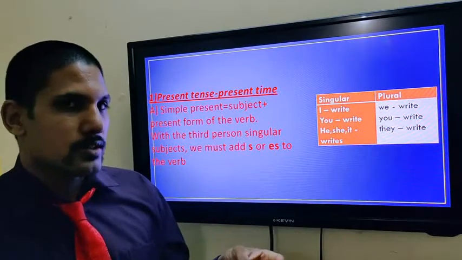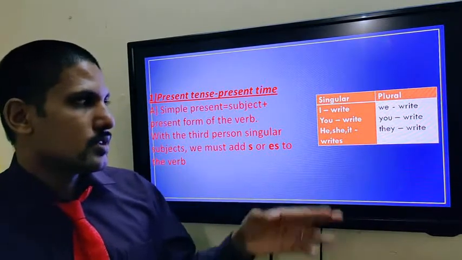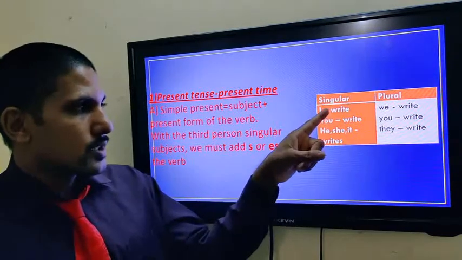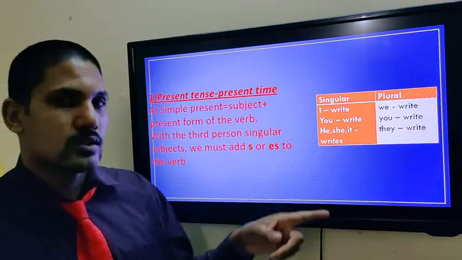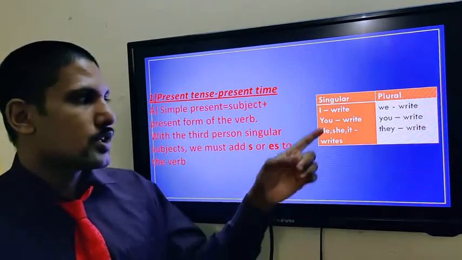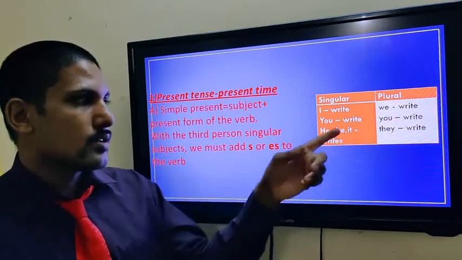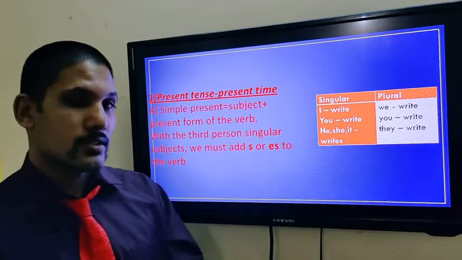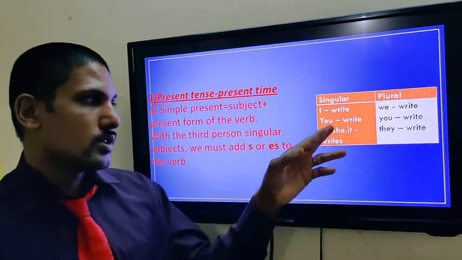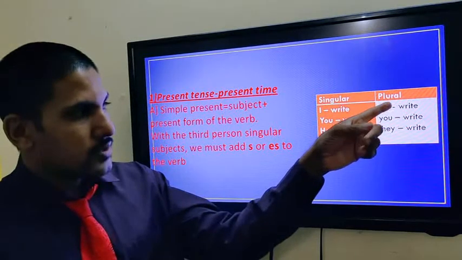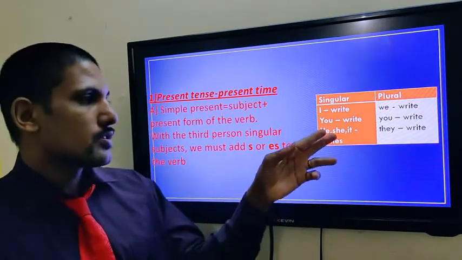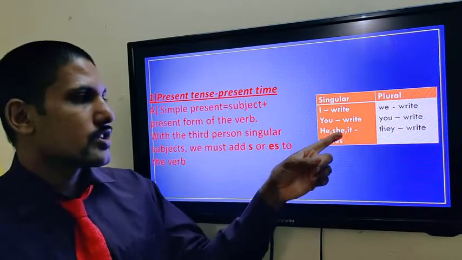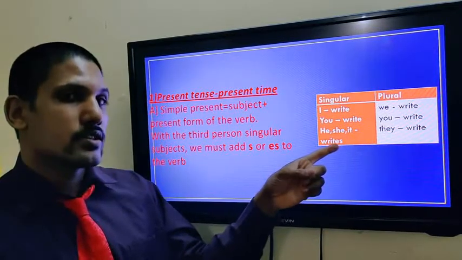Singular subjects: I, you, he, she, it. You can be singular and plural. You can be a single person or more than one person. Plural subjects are we, you, they. So with the third person singular subjects, that is he, she, it, we have to add s or es to the verb.